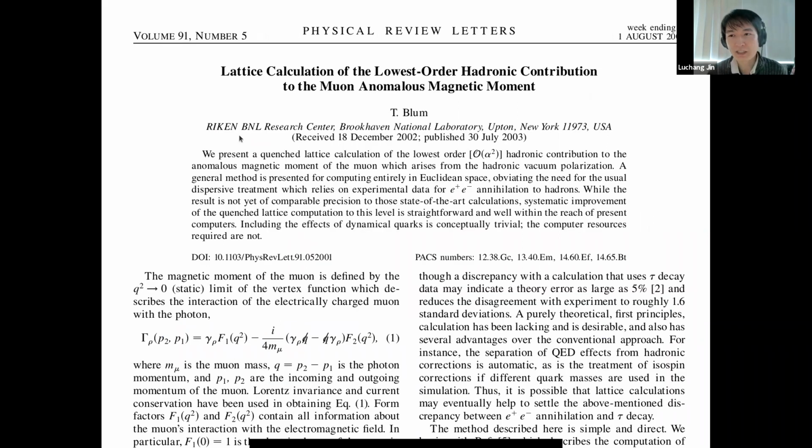The lattice calculations to determine the HLbL were started a very long time ago. This is 2003. I think this is the first paper to use the lattice. At that point, this was a quenched calculation, and this was done by my colleague now, Tom Blum. At that point, he was also at BNL National Lab.